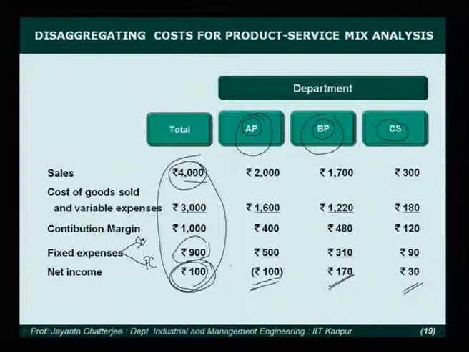Once we have this kind of breakdown, then we can say, okay, we have to focus on this. What can we do here? And maybe here as a percentage, it looks like maybe the fixed expenses are too high. So maybe we focus on this in terms of the marketing expenses and try to improve upon that, because in terms of that it is 25% contribution margin here and it is about 20% here.